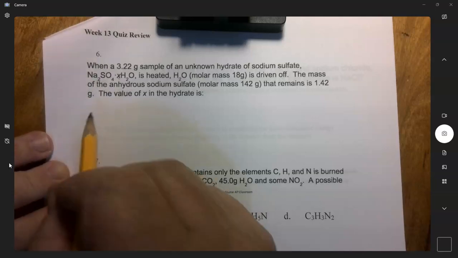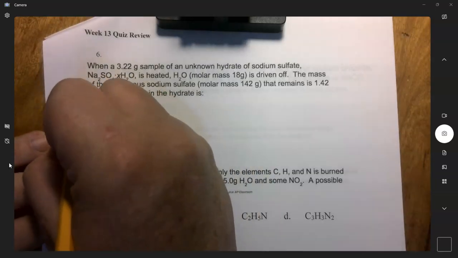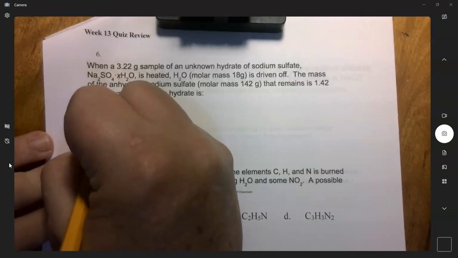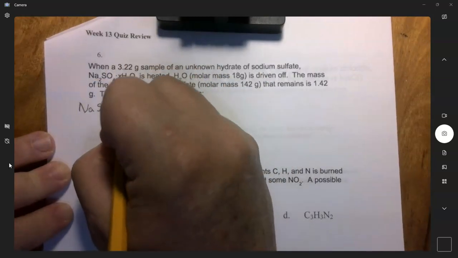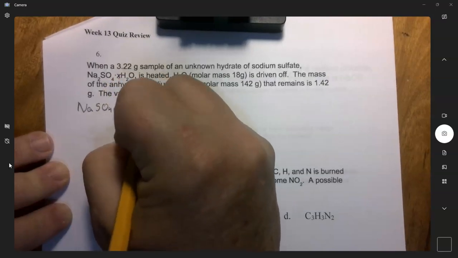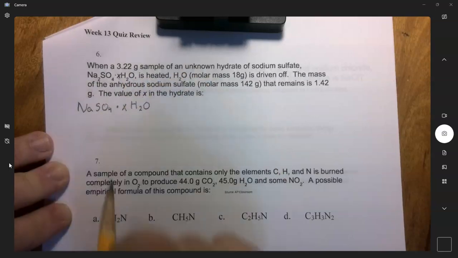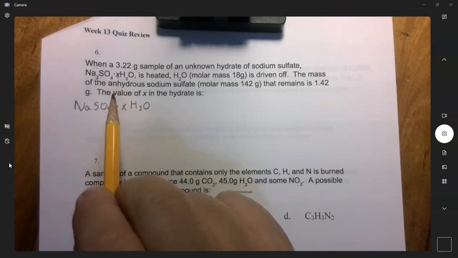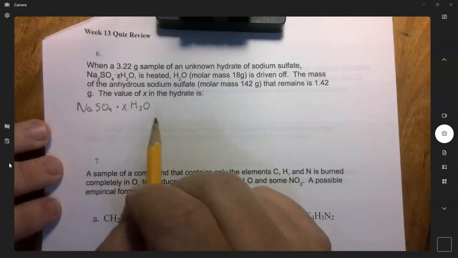So here's the way I think you should do this, is write out this formula. And the dot just means you're going to have that many times water molecules on it, okay? So first of all, you want to break it apart in grams, and then go to moles, because empirical formulas are always in moles. Any chemical formula is.